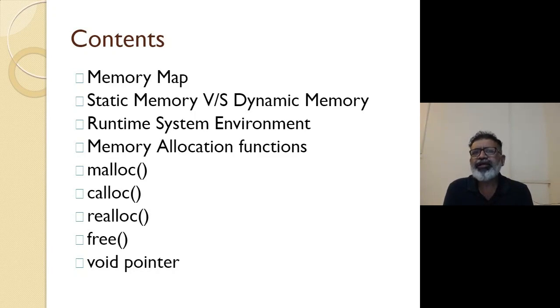Malloc and calloc return a void pointer, and we use typecasting so that we cast that pointer to a pointer of the desired data type. So we write int star or char star or float star or double star like that.